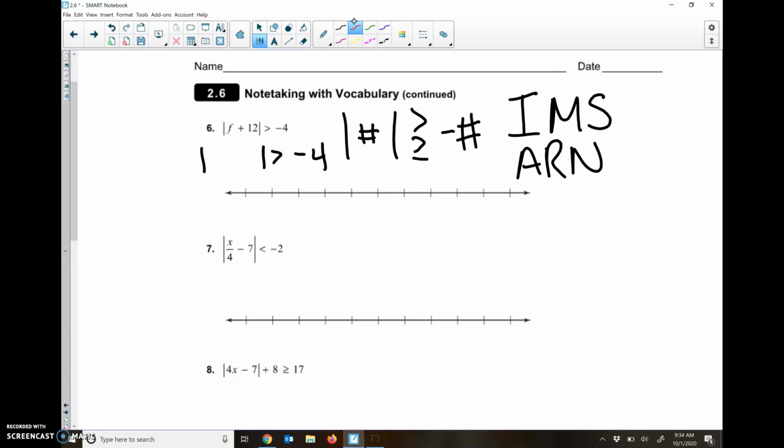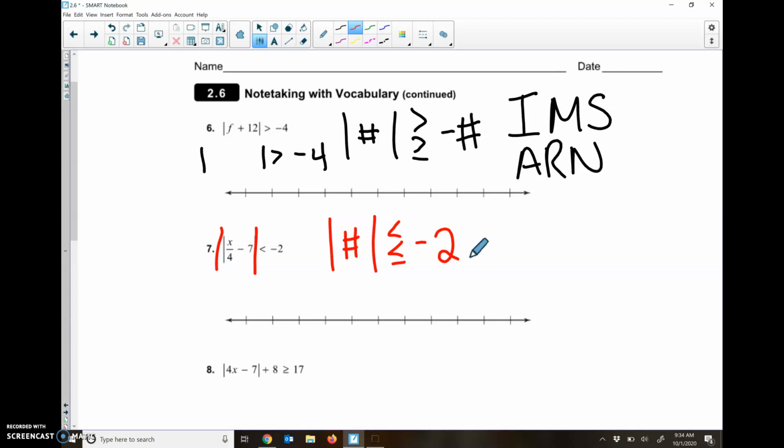Okay. Here is the opposite. So same thing, absolute value bars are by themselves. So now if I have the absolute value bars by themselves and it's less than or equal to a negative number, that's not possible. There's no way that you're going to be less than a negative number.